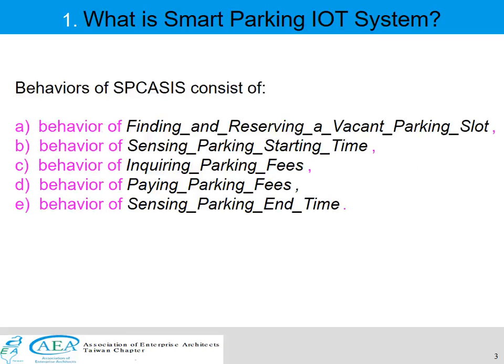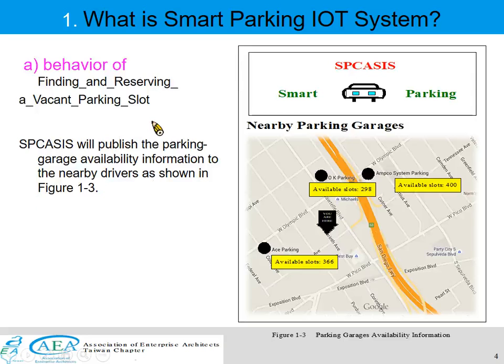Behaviors of smart parking IoT system consist of the following 5 behaviors. The first behavior is finding and reserving a vacant parking slot.